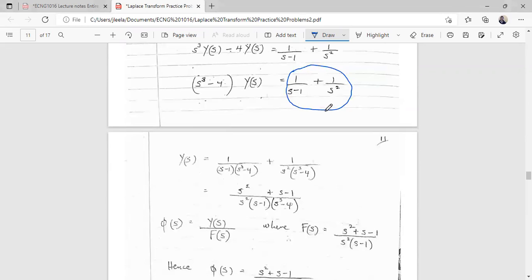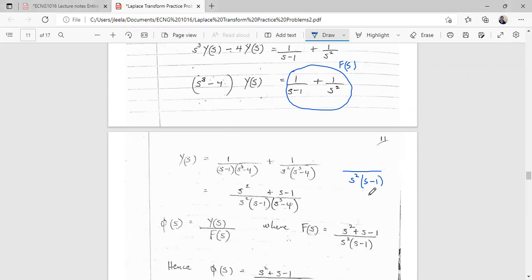Remember, the LCM is s squared by s minus 1.